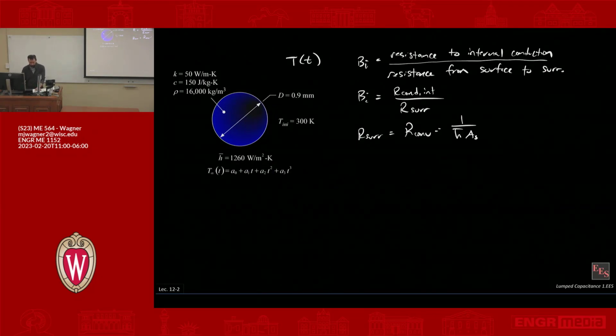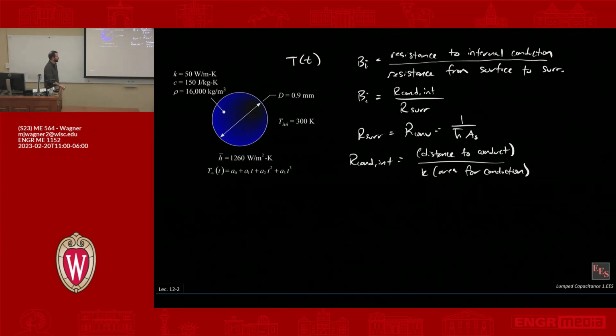Right, so then the resistance to internal conduction is going to be conceptually the distance to conduct divided by conductivity times the area for conduction. That's like the conceptual definition of conduction resistance.